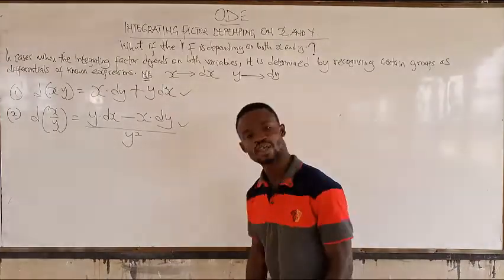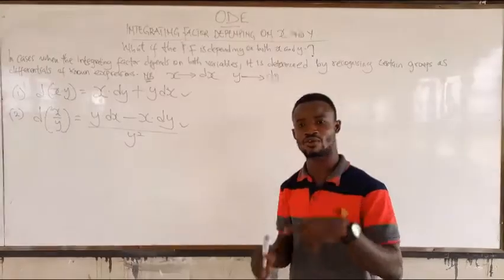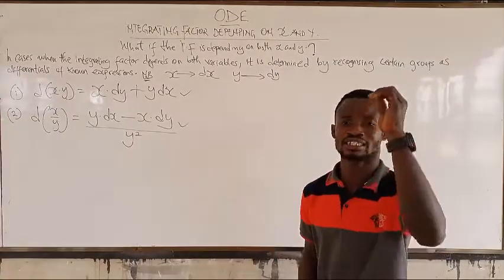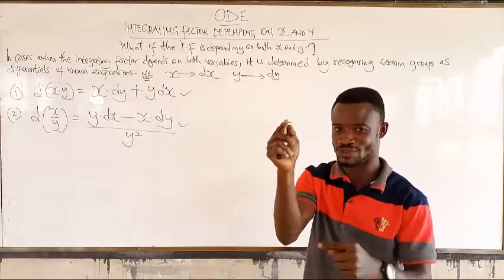Alright. Now, the first one is that two functions multiply, which is x and y. The second one is that the function is divided, with x on top. Thirdly, y will be on top and x will be down.